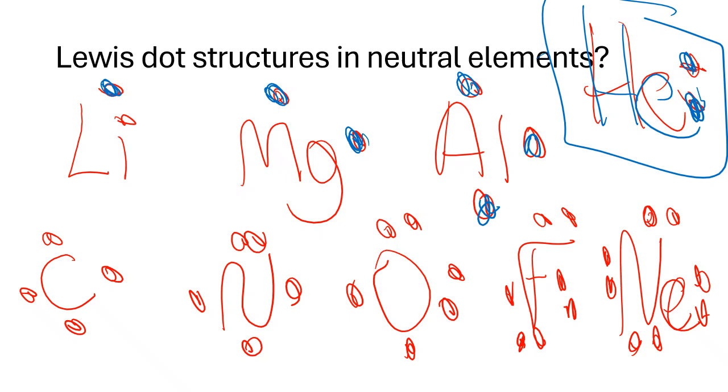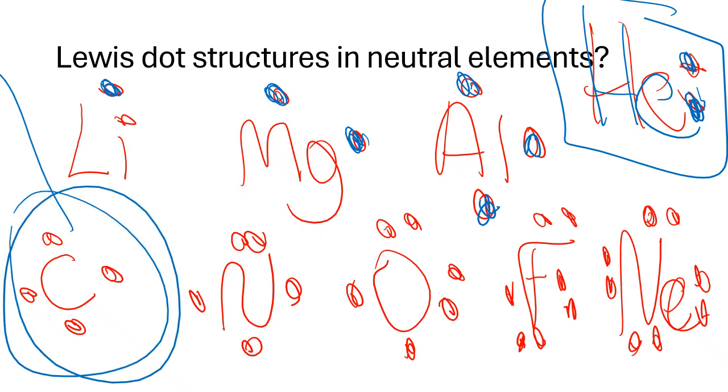That comes into play later. But like carbon with 4 valence electrons, all 4 valence electrons are as far apart from each other as possible because electrons repel. So there is a reason why you have valence electrons drawn like that.